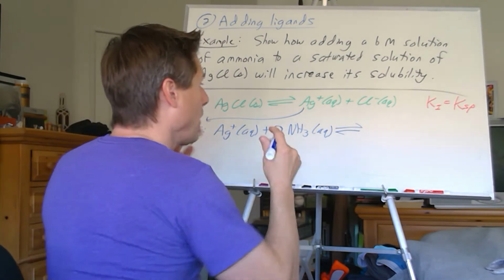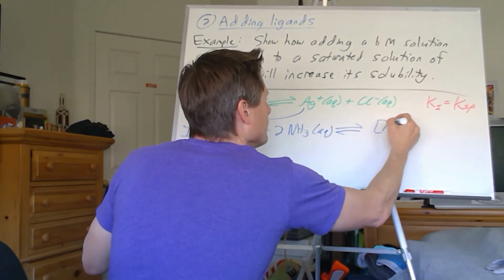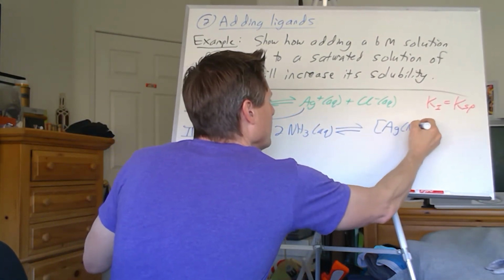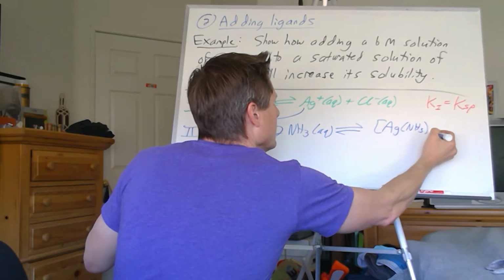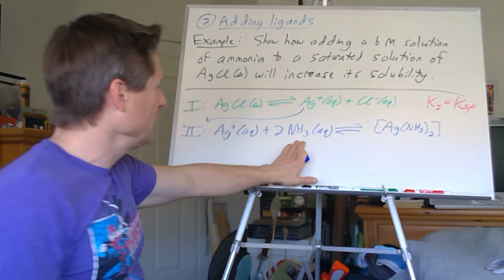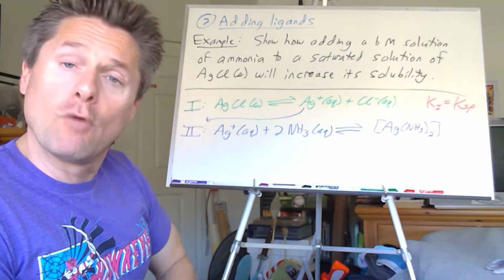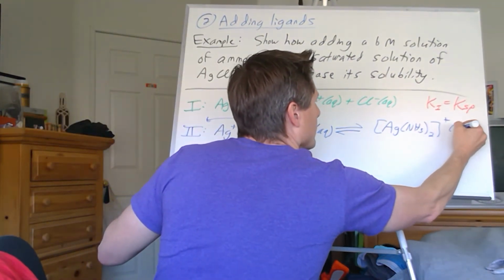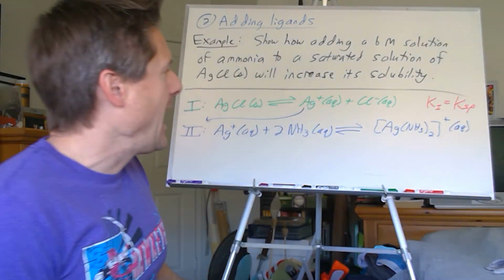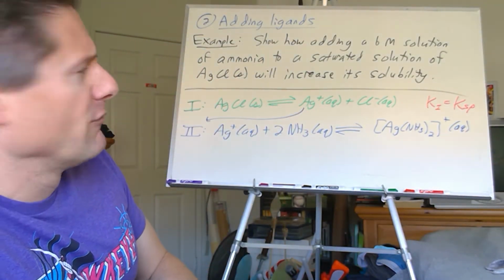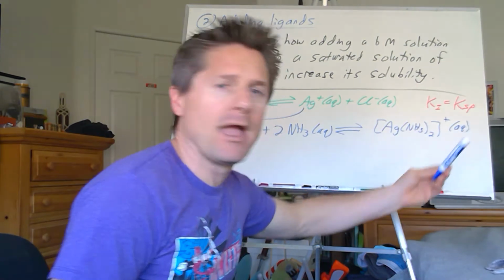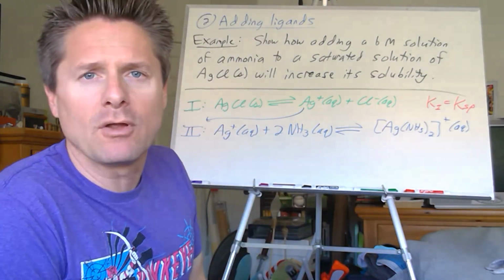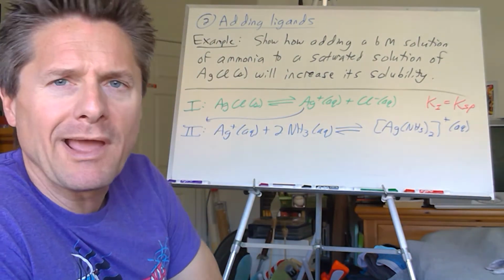Our complex ion will be the silver with the 2 ammonias. Ammonia's neutral, silver's a +1, so the overall complex is a +1. So diamminesilver(I) ion, because it's a cation, we don't change the name of silver.